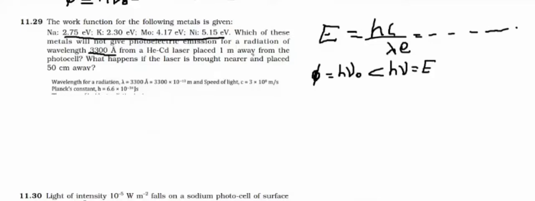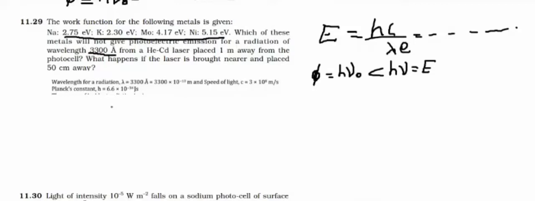But for the question, which of these metals will not give photo emission, when you calculate this value, you will get a value of 4.17 eV. Therefore molybdenum and nickel will not give photo emission. Then the second part of the question: what happens if the laser is brought nearer and placed 50 centimeter away? That means the distance between the emitter and the source of light is reduced.